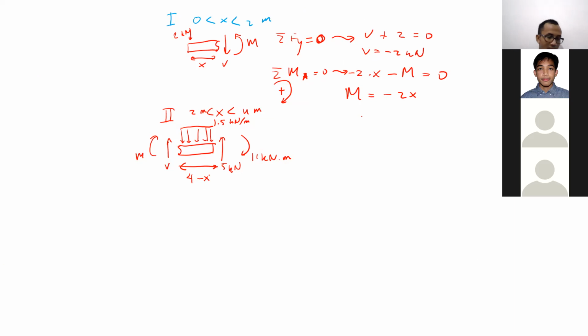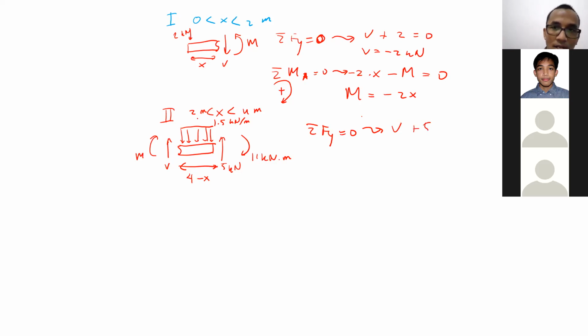Now this one will become slightly more complicated. In order to find out V, we will have to do sigma Fy equal to 0. What will we have there, Safran? V plus 5 equal to 0. No, not just that, V plus 5.